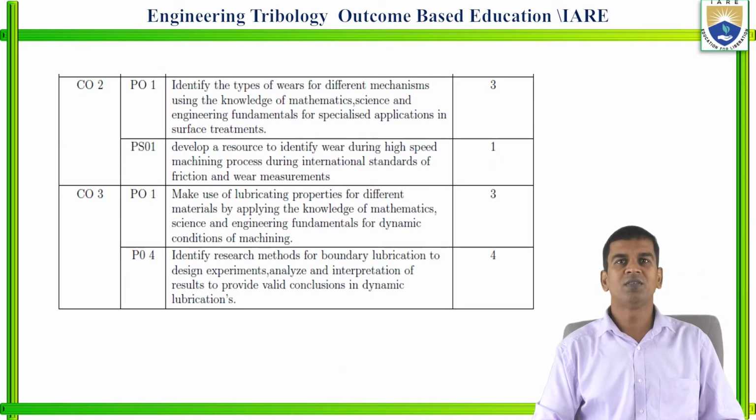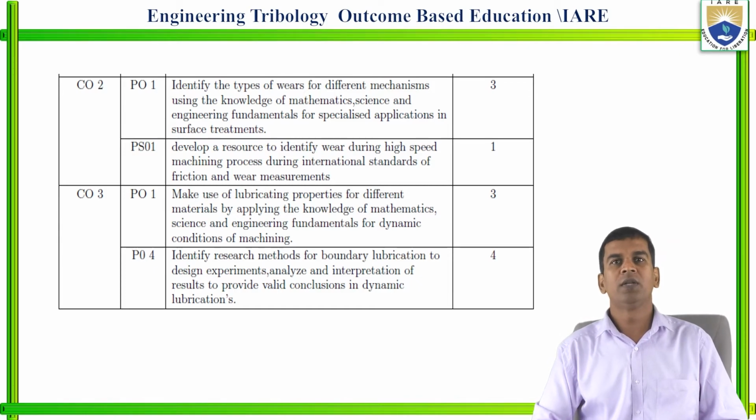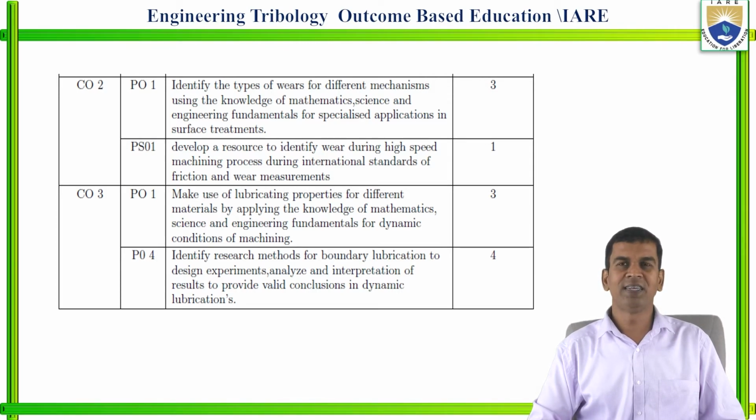Next, CO2 is mapped to only two outcomes, PO1 and PSO1. CO2 is to identify the different types of wear for different mechanisms using the knowledge of mathematics, science and engineering fundamentals for specialized application in surface treatment.